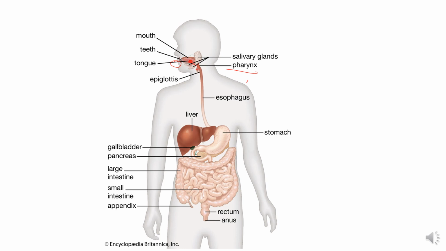Then this tubular structure continues into the esophagus, a tubular organ, and then the esophagus continues into a dilated part of the digestive tract, that is the stomach. Then it comes to again a narrow part, which is the small intestine. Then this small intestine is continuous with a somewhat wider part, which is the large intestine, which ends at the anus.